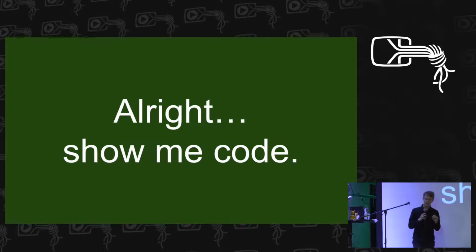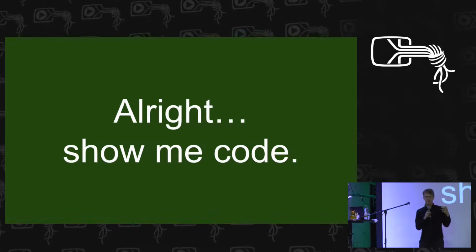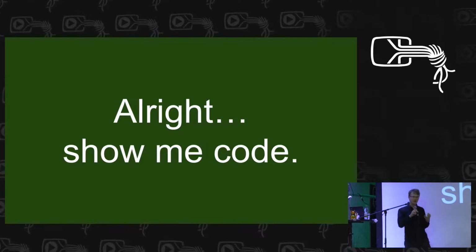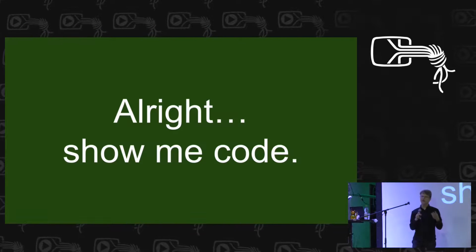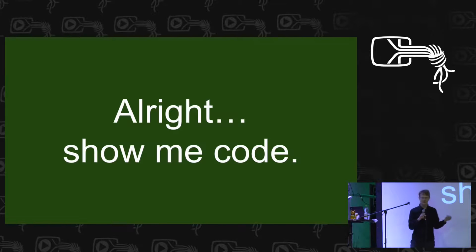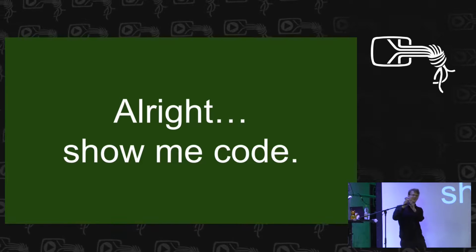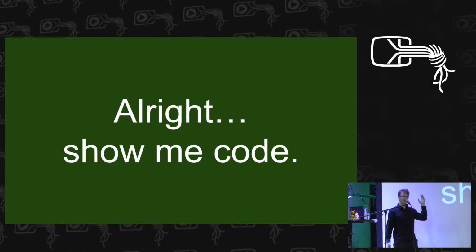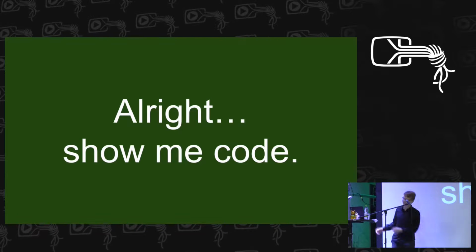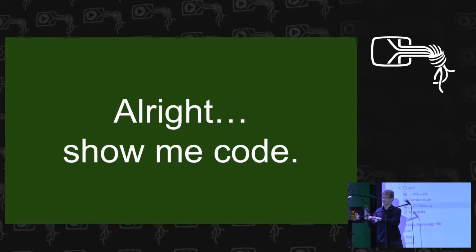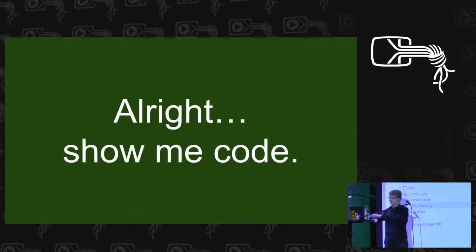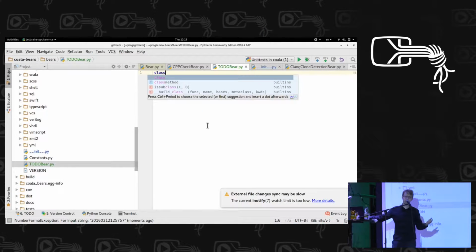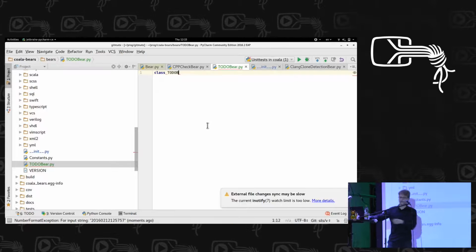I want to very, very briefly show you how a bear is actually written. Because that is the secret. If you want to make writing static code analysis easy, then you have to make it really easy. And you can't just say you provide an API and somebody has to override some complicated calls. So let's write a bear. Let's write a bear that checks for to-dos in my source code.